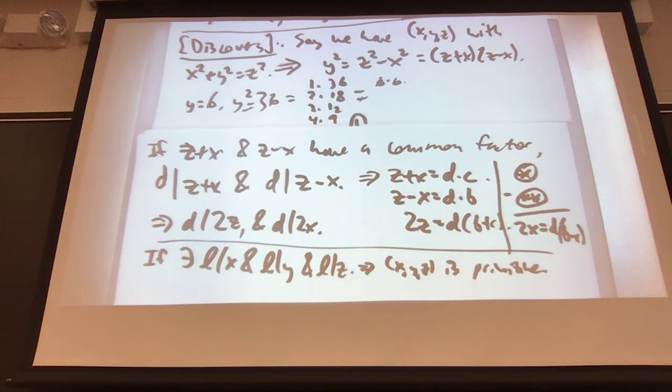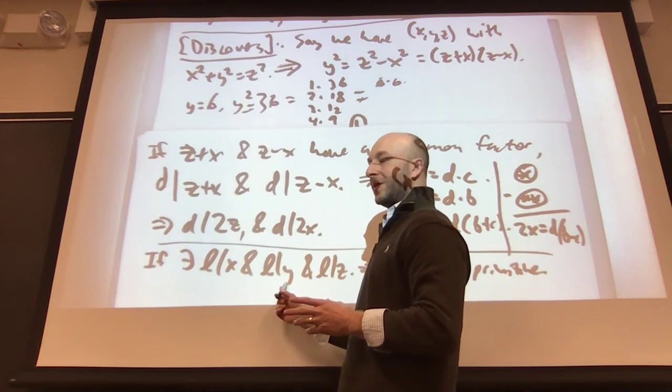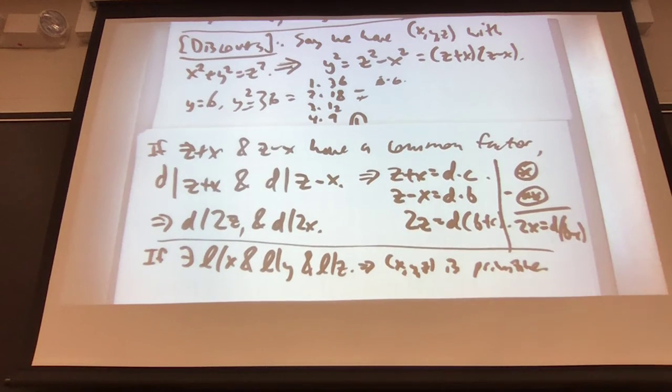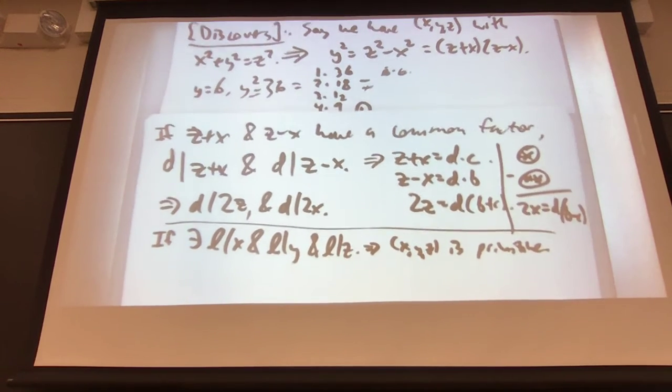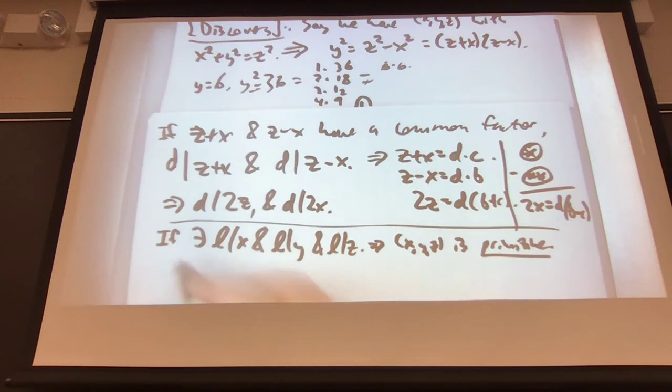I claim there's an even stronger primitivity that's required on primitive Pythagorean triples, which is that there's no integer that divides both any two of them. So what's the distinction between primitive and pairwise primitive? So there's primitive and pairwise primitive.